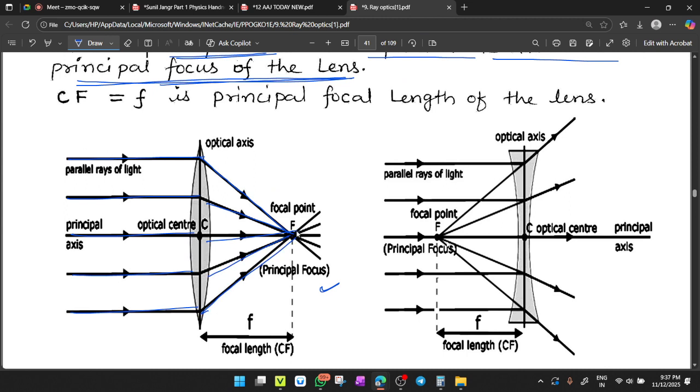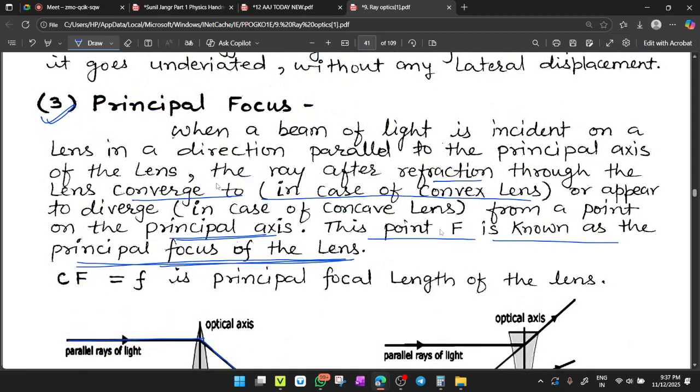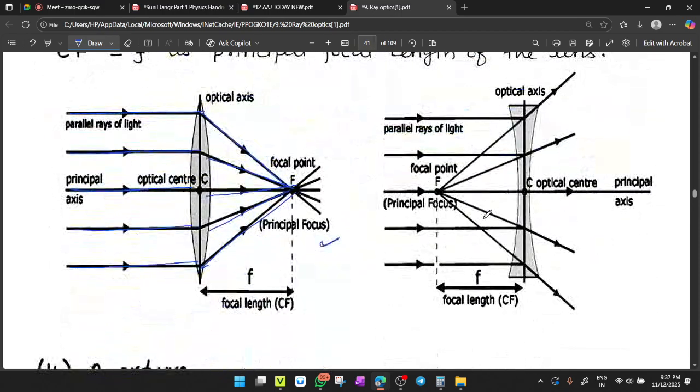That point is called the principal focus of the lens. Clear? The rays coming parallel to the principal axis, after refraction, converge at a single, fixed point. So this is called the principal focus.